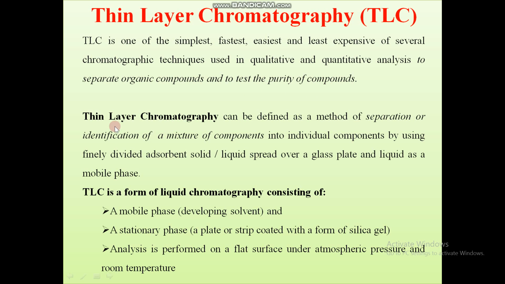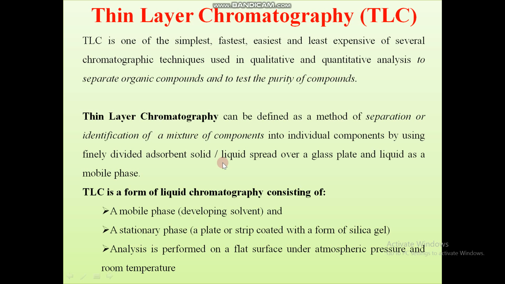We can define thin layer chromatography as a method of separation or identification of a mixture into individual components by using a finely divided adsorbent solid or liquid spread over a glass plate.